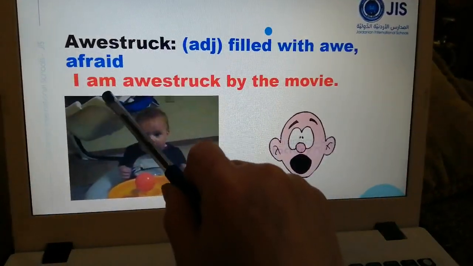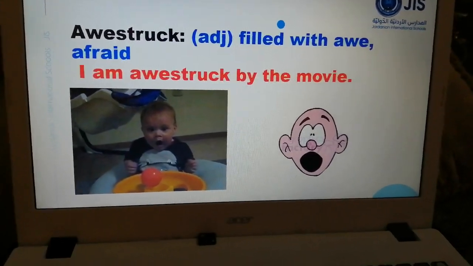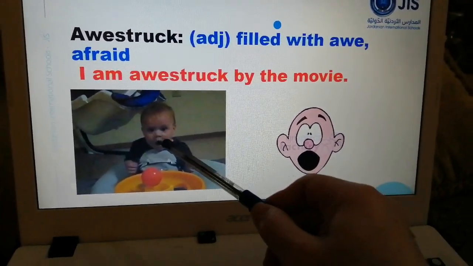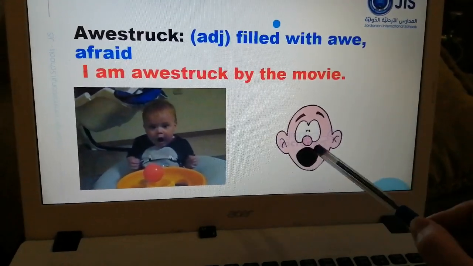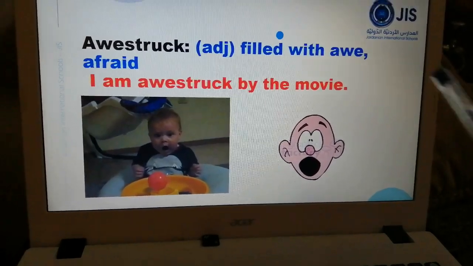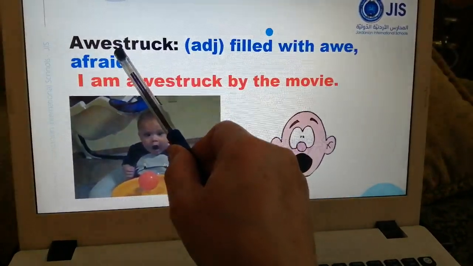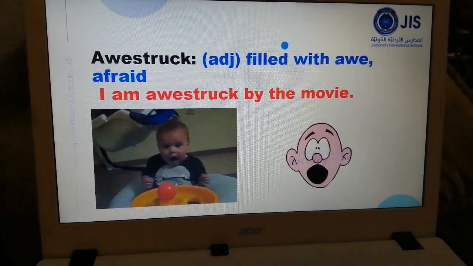For example, here, I am awestruck by the movie, which means I am afraid by the movie. Look at this baby. He is awestruck, maybe from the toy or something. This man is awestruck. He's scared, shocked, afraid. So awestruck, it's a closed compound word. It's an adjective and means afraid or full of awe.